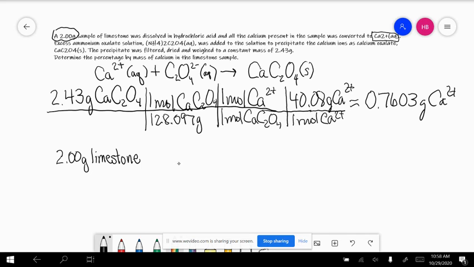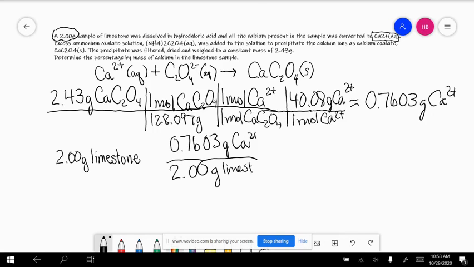So in order to get the percentage, I'm going to say the part that's calcium, this is how we do percent by mass, over the entire sample, which is 2.00 grams of limestone. We'll turn that into a percent by multiplying by 100.